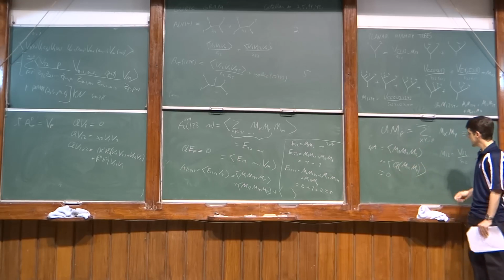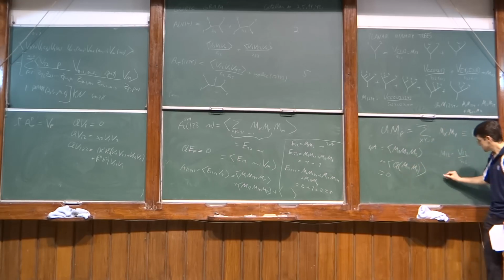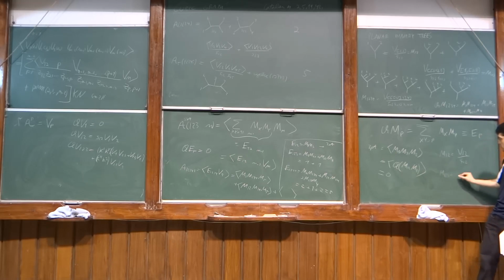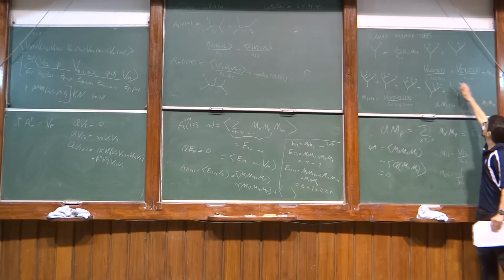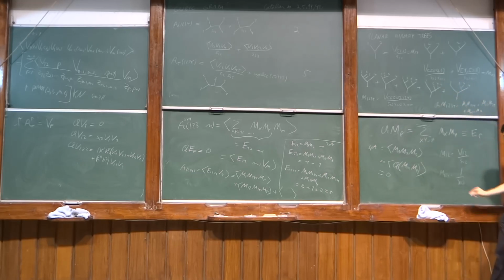And the same reasoning applies for the other ones. So M123 will contain this pole, S123. You can see there. And then for a 4-point amplitude, this guy is 0.